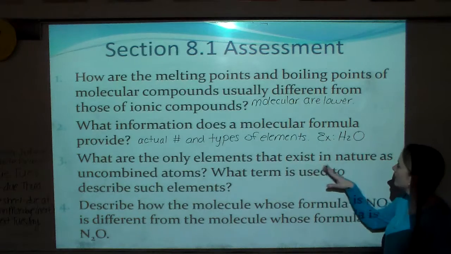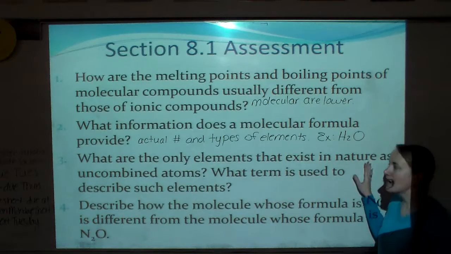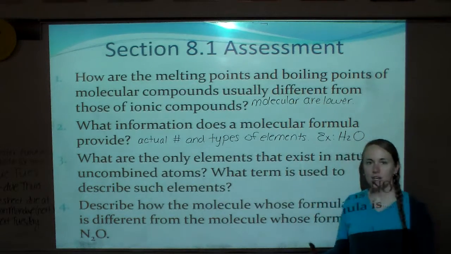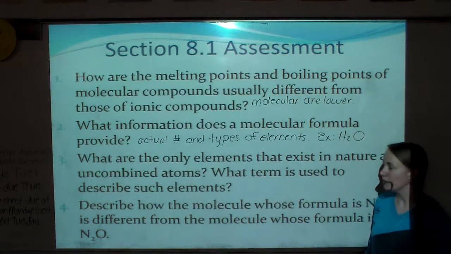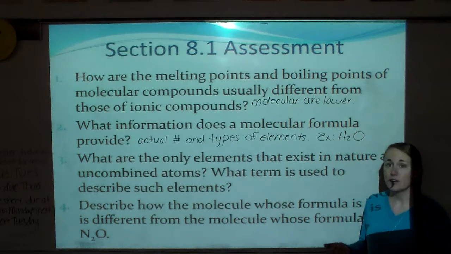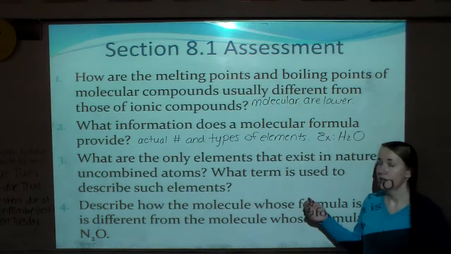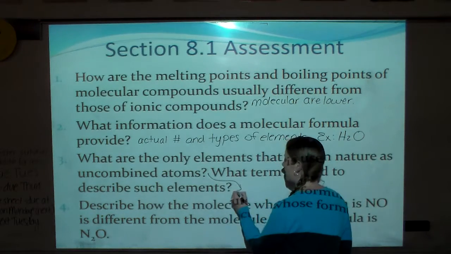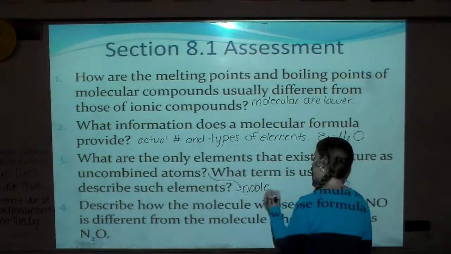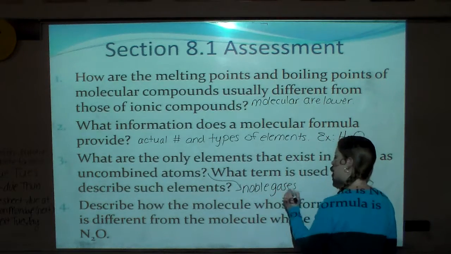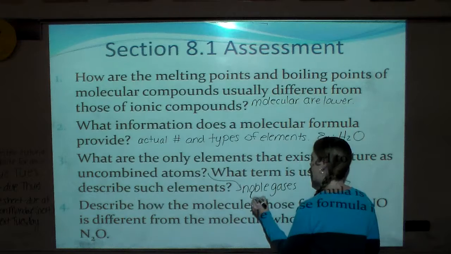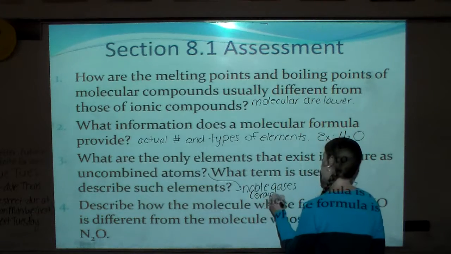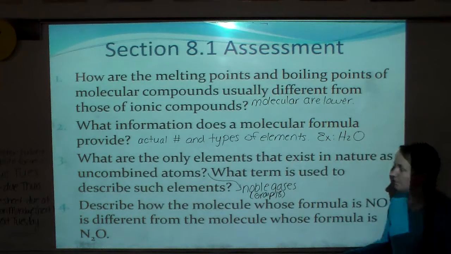Alright, number 3, what are the only elements that exist in nature as uncombined atoms? So think about the periodic table. Think about the octet rule. What are the only atoms that are uninterested in bonding? The ones that are already full. Who's already full? The noble gases. Now remember, noble gases, which we learned in chapter 6, are in group 18, the last column on the periodic table.